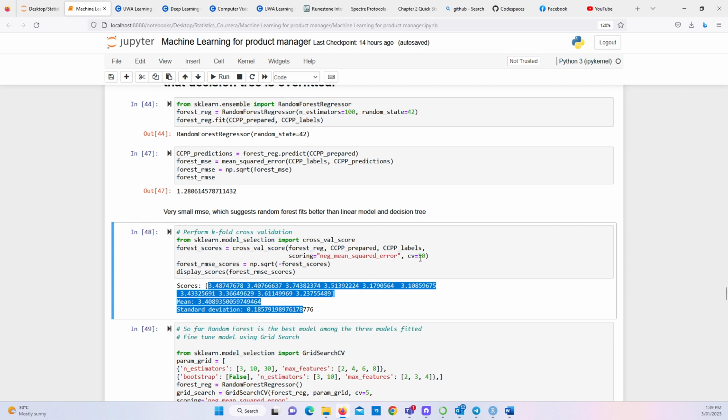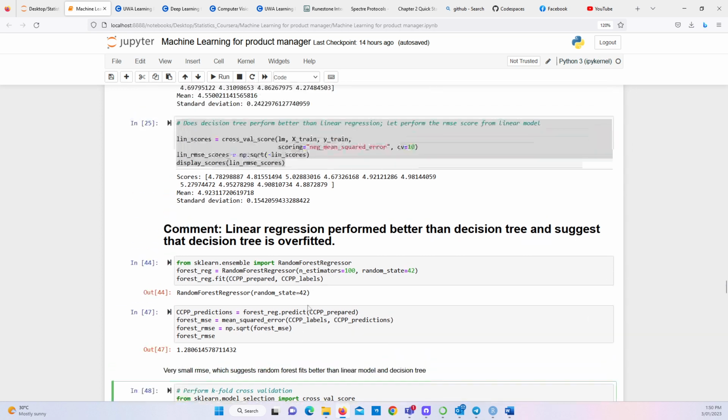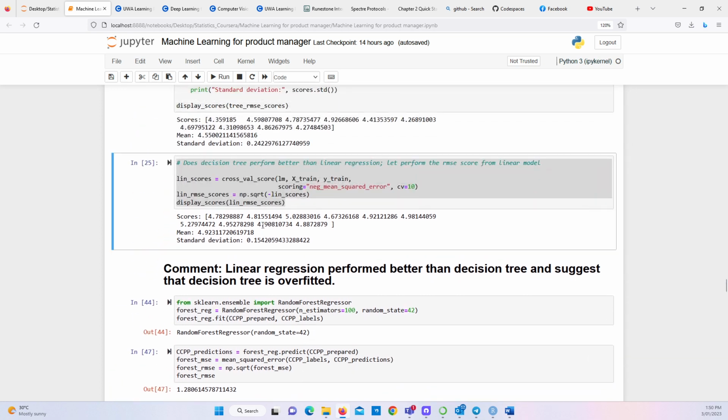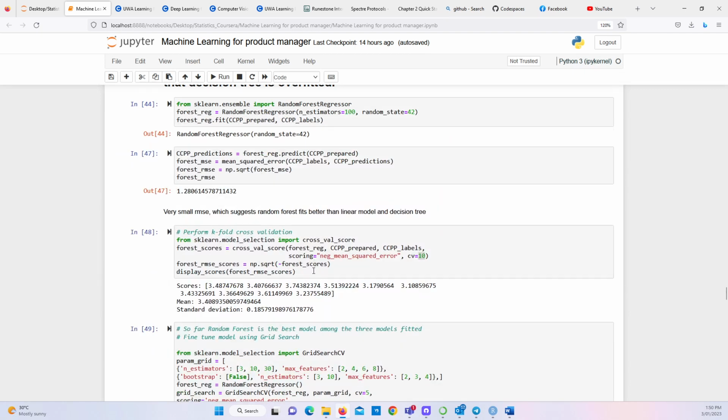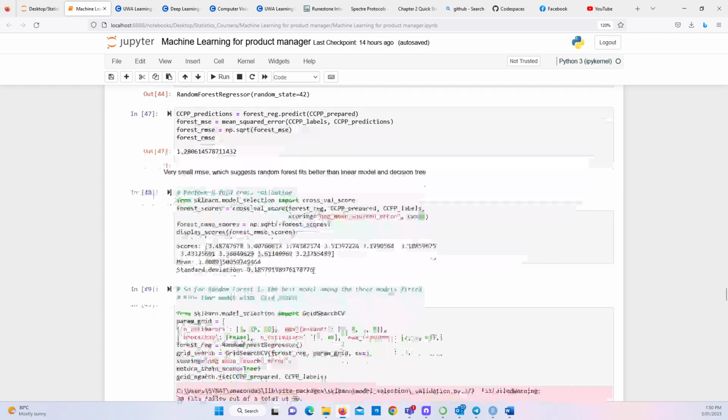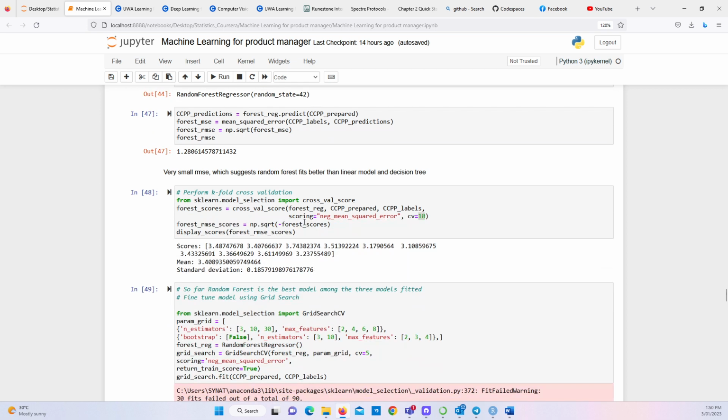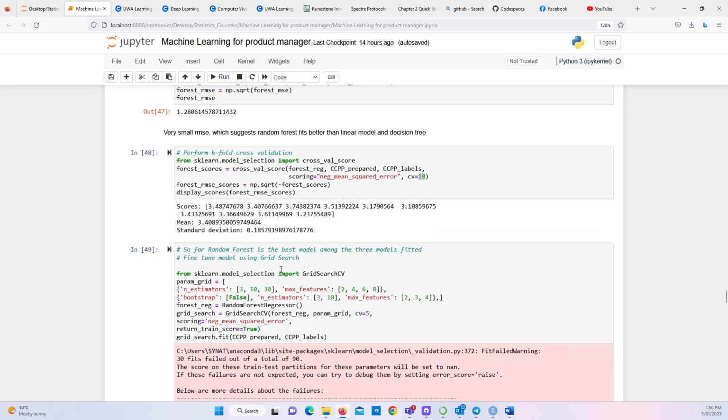If you do a cross-validation, it's somewhere around 3, 3, and 3. And if you look at the cross-validation of the decision tree, it's higher than random forest. So if we compare the three models, random forest is doing better than linear regression and decision tree. So the conclusion is random forest is the best model among the three models fit.